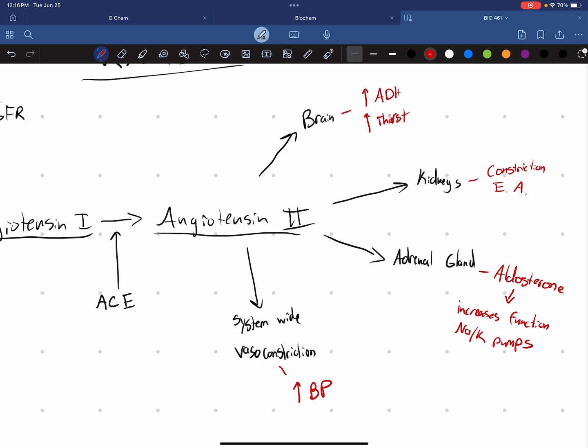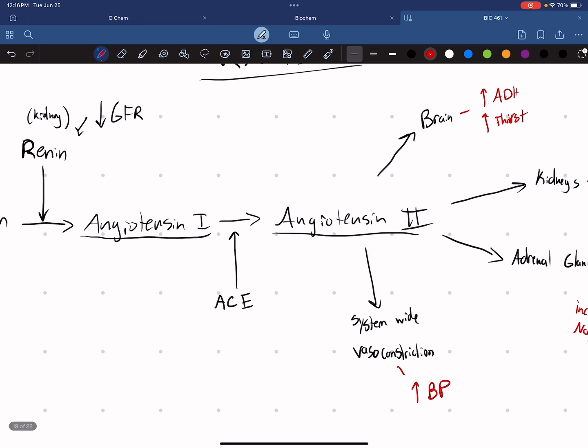And so because a lot of these things result in an increased blood pressure, when our blood pressure becomes too high, people will take medications called ACE inhibitors. And so ACE inhibitors will take out this ACE coming in to convert angiotensin 1 to angiotensin 2.